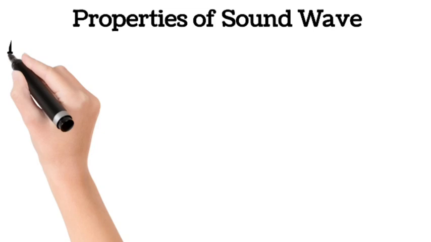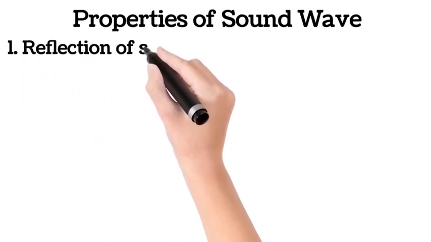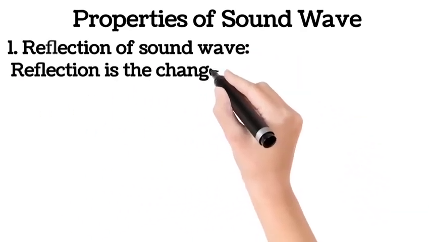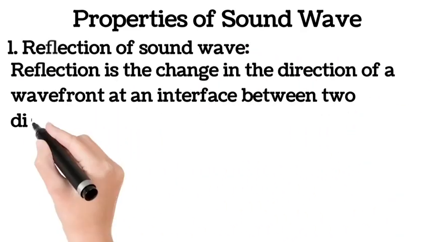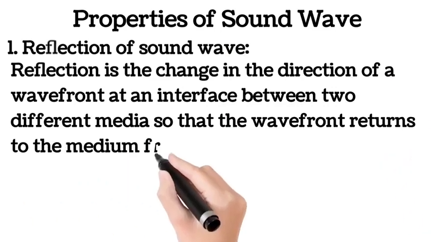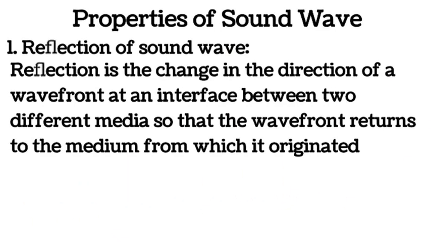Reflection is the change in direction of a wavefront at an interface between two different medium, so that the wavefront returns to the medium from which it originated. That is to say that reflection of sound gives rise to the concept of echoes.